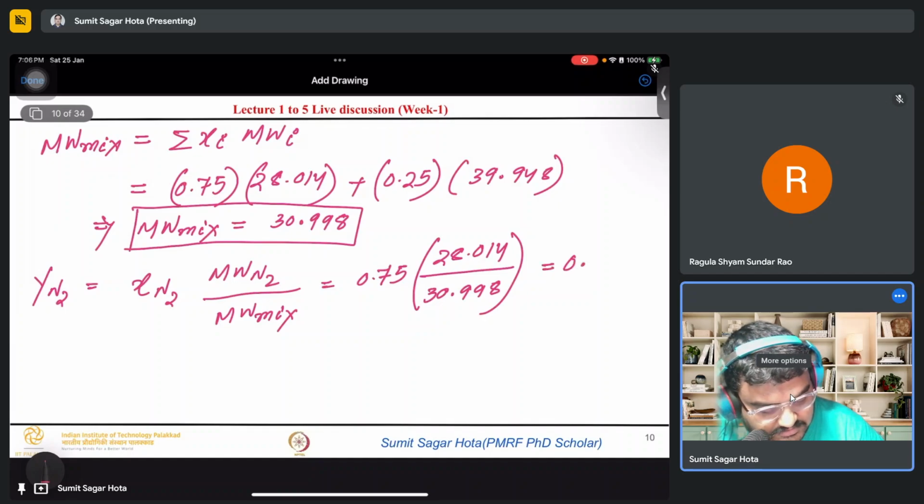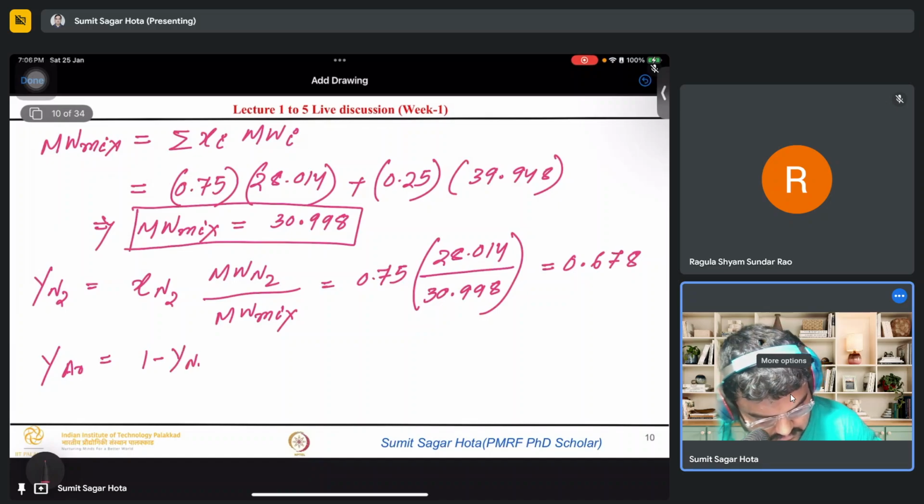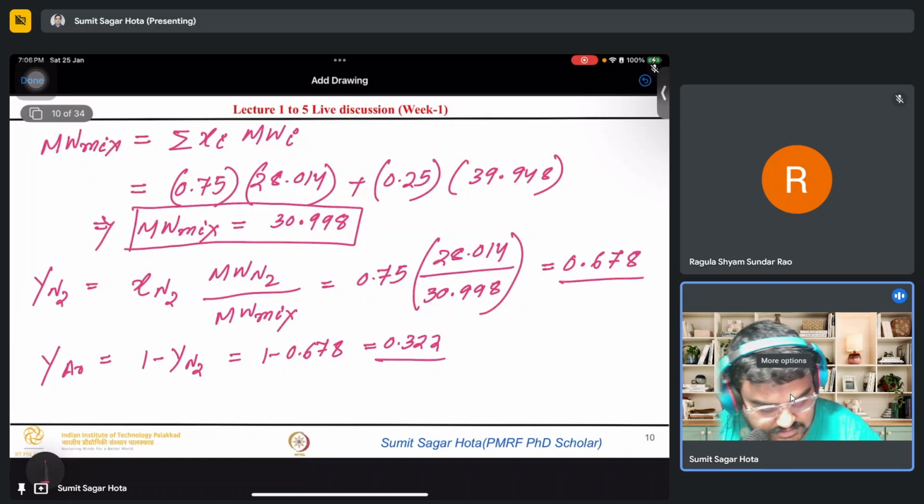To calculate, it comes out to be 0.678. And y of argon is 1 minus y of N2. Okay, these are the answers.